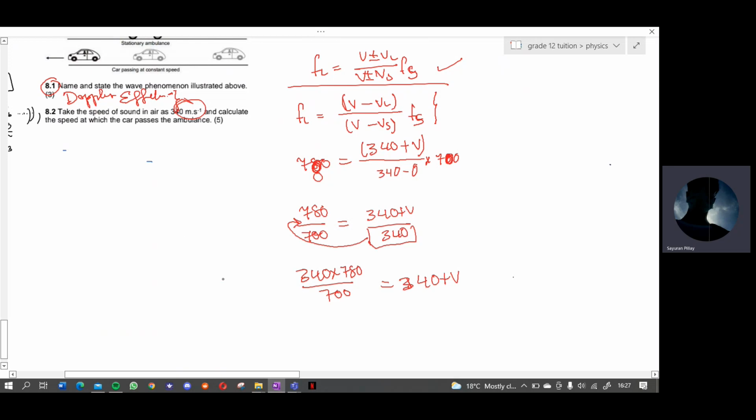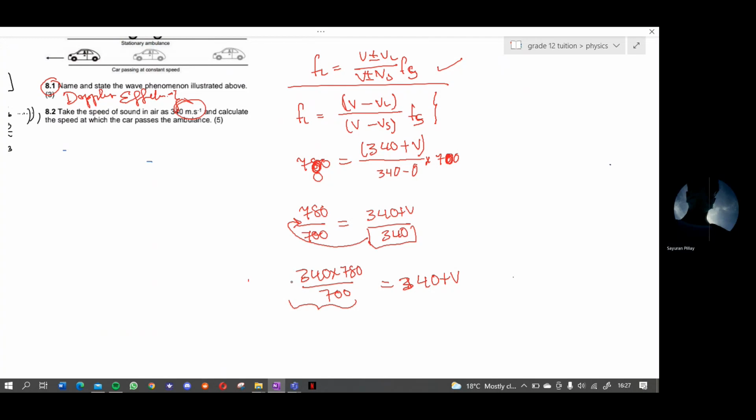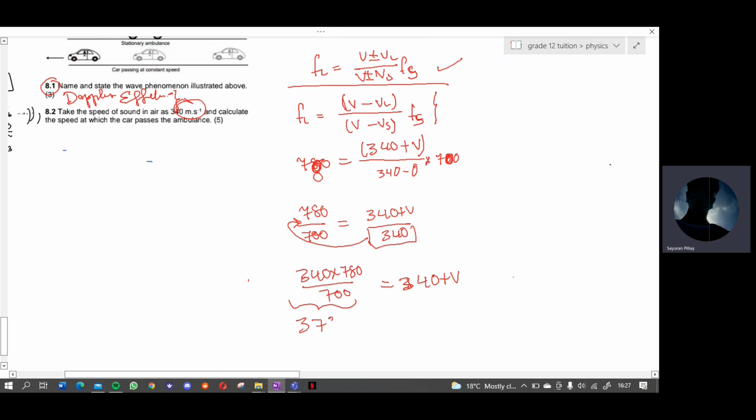Now we put this in a calculator: 780 times 340 divided by 700, and we get 378.86, okay, equals 340 plus v.